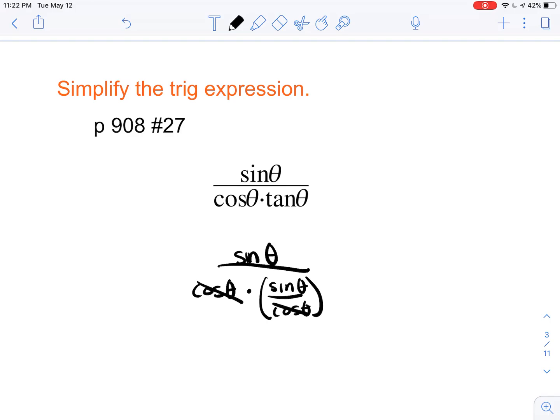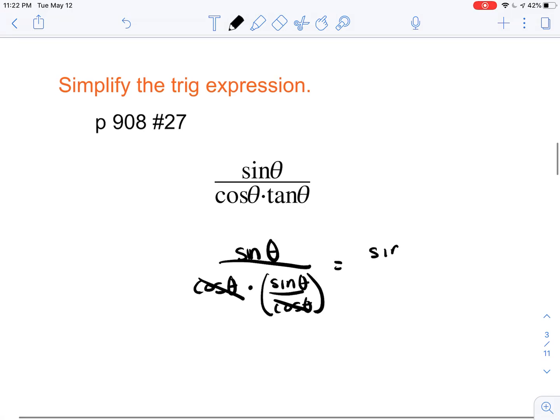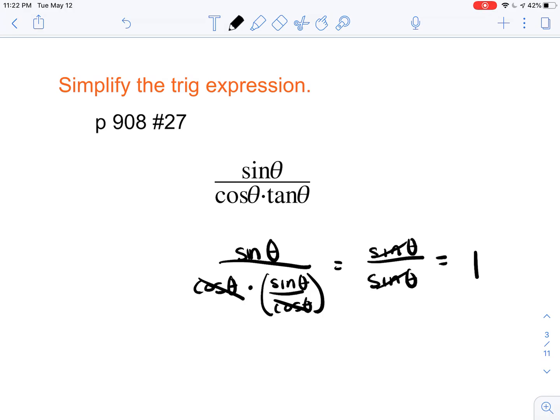Now, if we look at these numerators and denominators separately, first we want to simplify as best we can. So in our denominator alone, we see cosine and cosine, numerator, denominator, can be simplified. Okay, so what does that do? Well, that leaves us with just a sine in our denominator. Okay, so I put the sine in the denominator, bring over the numerator.